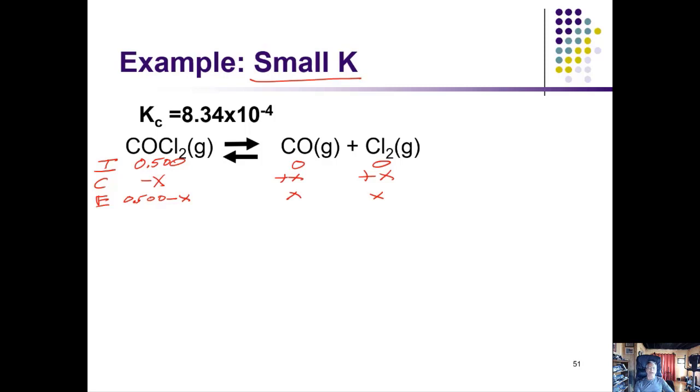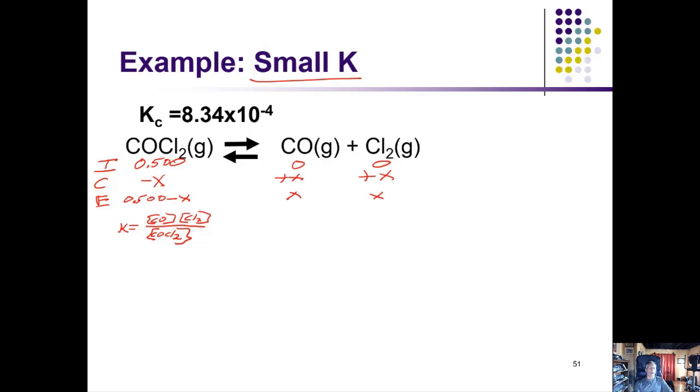So let's put the equilibrium constant expression together. Let's not ignore the x, and let's see what we would have to do. So K is equal to our product concentrations, which is CO, carbon monoxide. It's a nasty reaction, folks. Chlorine gas, also nasty. And divided by this phosgene stuff, which is terrible stuff, poison gas.